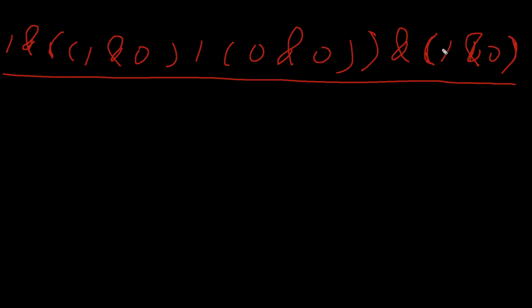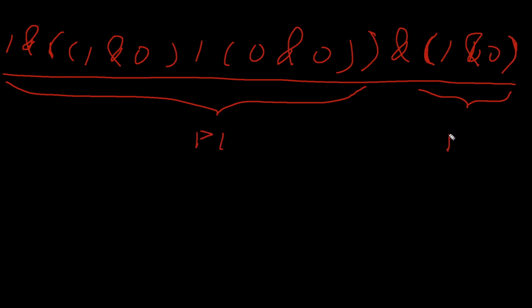So when we split this problem into sub problems, we want to split it this way. Basically, we split it into this part 1 and this part 2, because we always want to calculate from left to right. That's why we split it from the end.